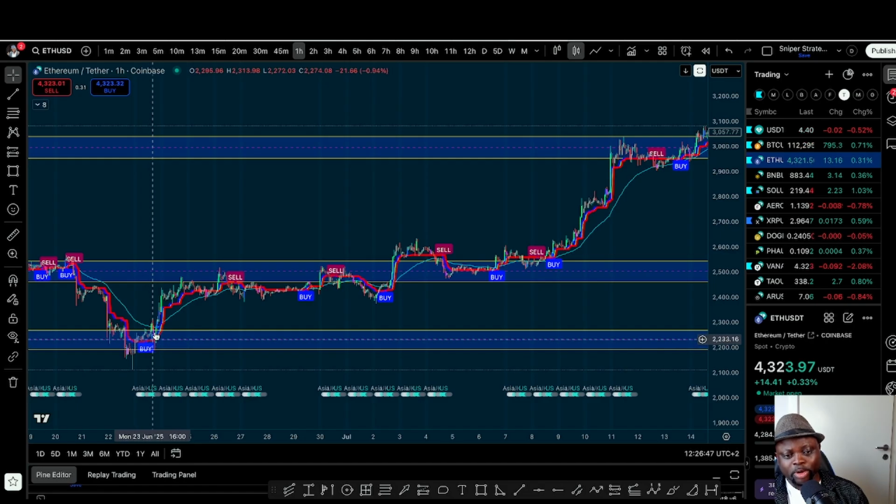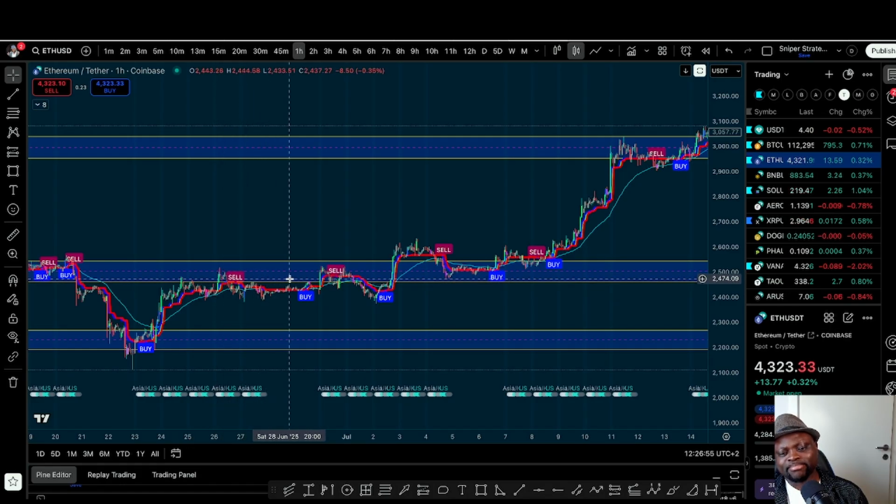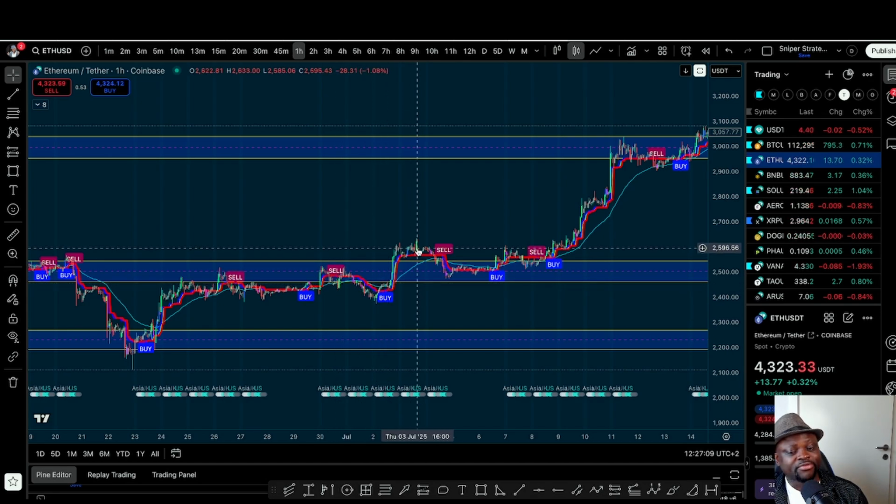So I'm going to be looking for buy, and then cash out my profit here, because now I'm thinking, okay, the market might want to dump. Then I would have cashed out my profit above this zone, around this area here, then stay away from the market, and then attempt to get in here, but I wouldn't have done that.